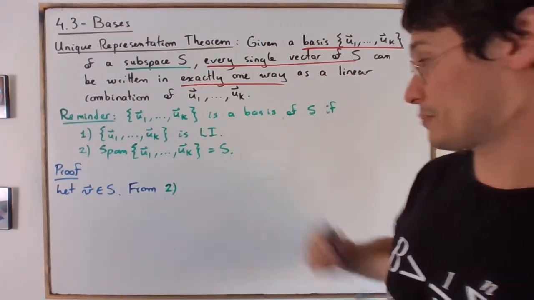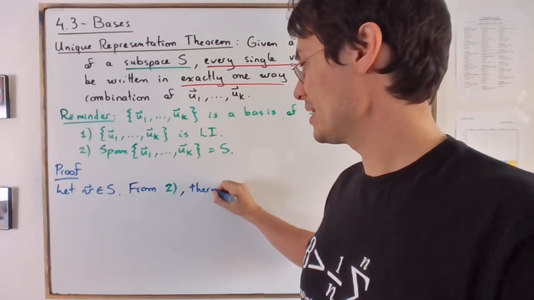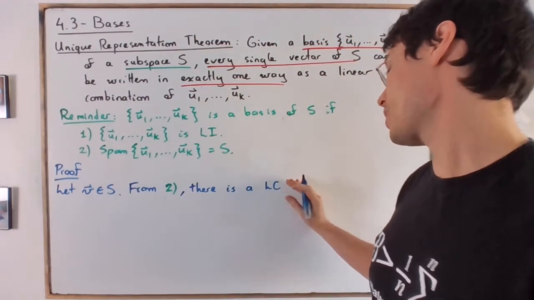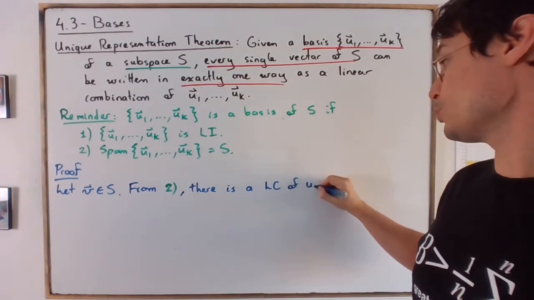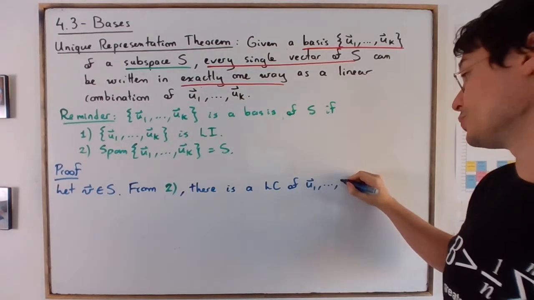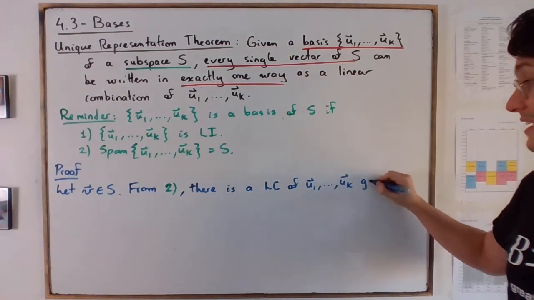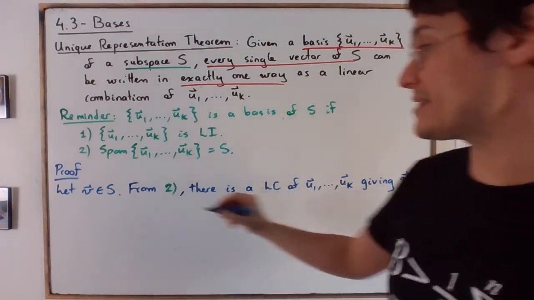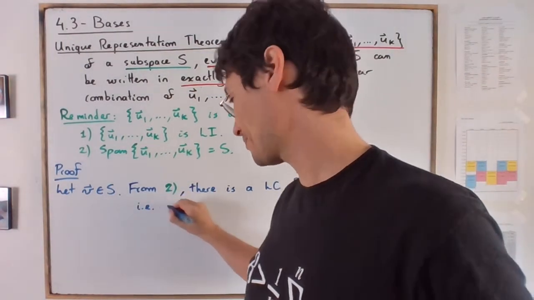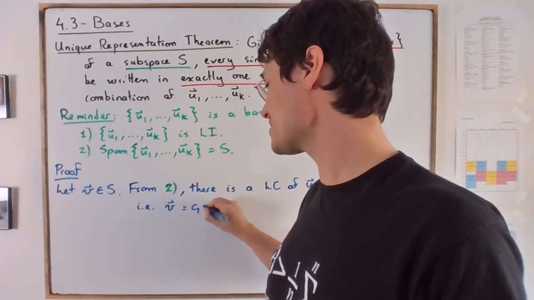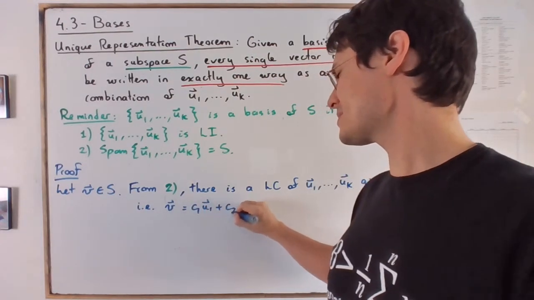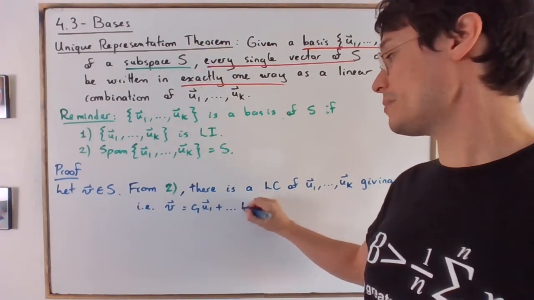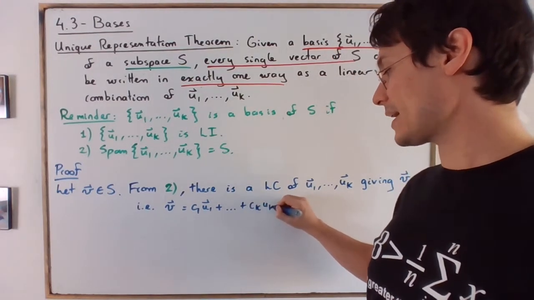From two, there is a linear combination of U1 all the way up to UK giving V. What we mean by this is that V is equal to C1 U1 plus C2 U2, plus all the way up to CK UK.